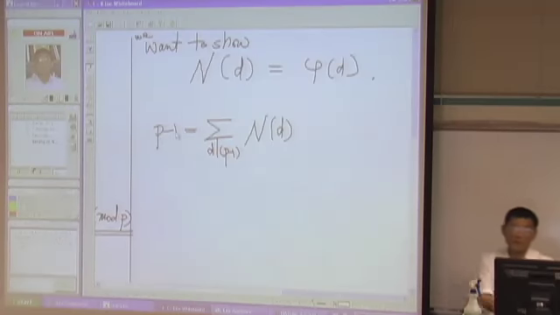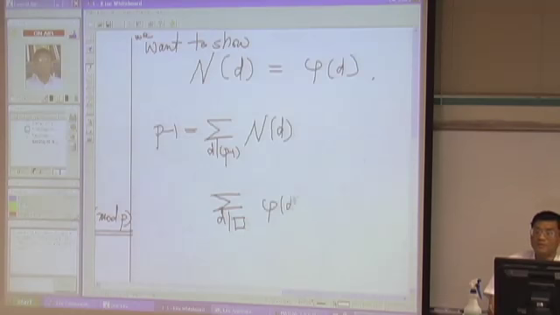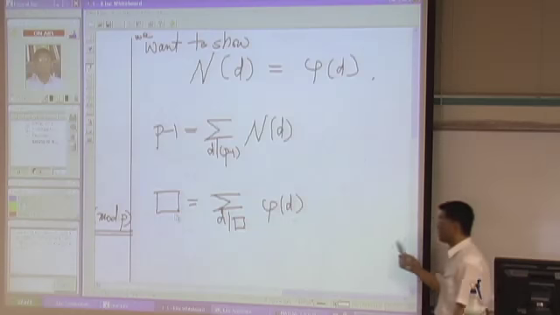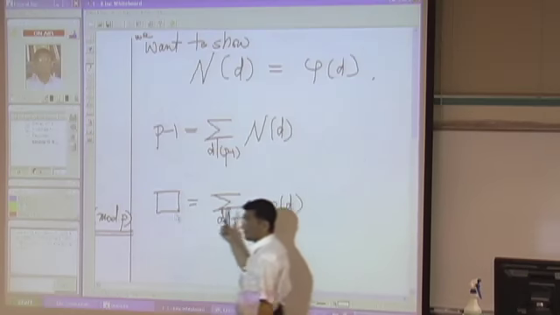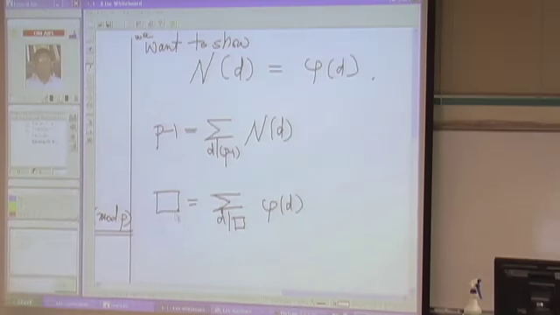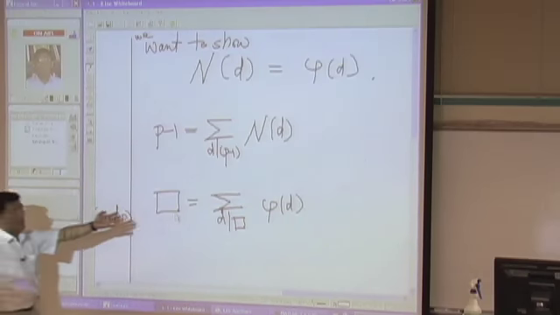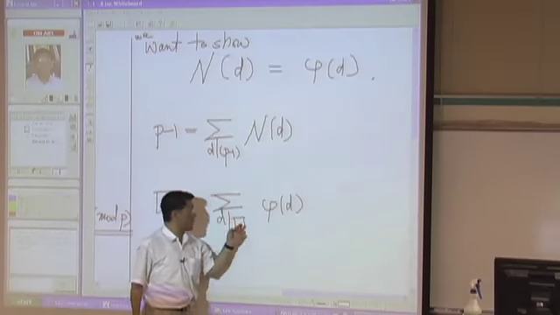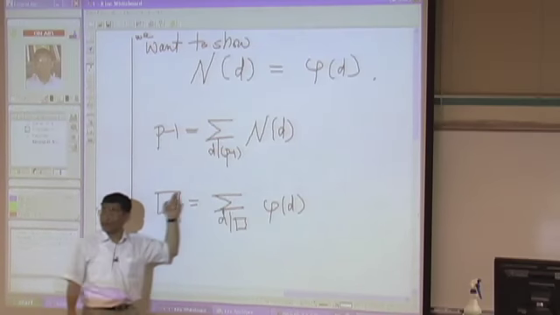numbers. But by the theorem that we proved before, for any n, the sum of phi of d over the divisors of n is what? This number, right? We proved this before using multiplicativity. Because phi is multiplicative, we can add these things for just prime powers. For the prime power, we get the prime power.